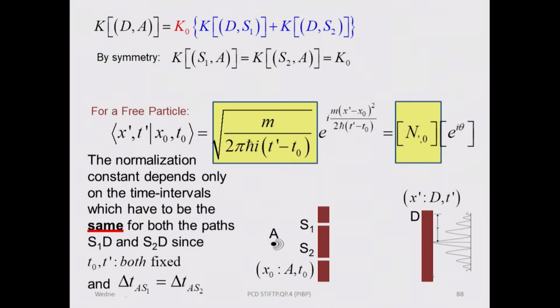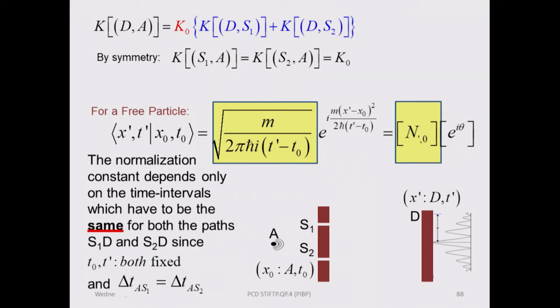Now, notice that the time the particle would take to get to the point S2 is the same as it will take to get to the point S1 starting from A. The time intervals for A to S1 and A to S2 are exactly equal, there is no difference.